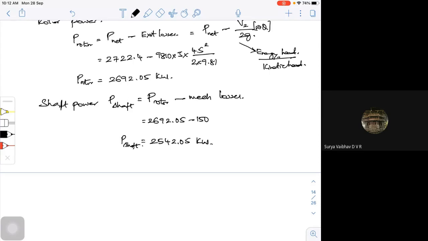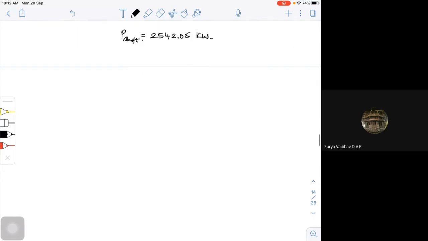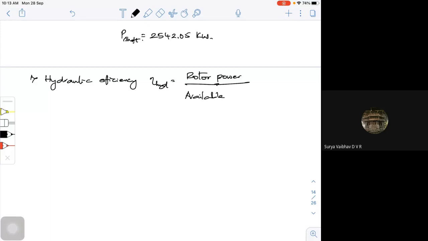I need to find my hydraulic efficiency, mechanical efficiency, and overall efficiency. Let's find one by one. The first thing is hydraulic efficiency. What is your hydraulic efficiency? This is your rotor power divided by available power at the fluid.